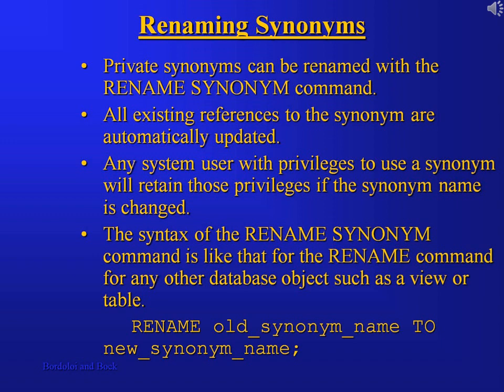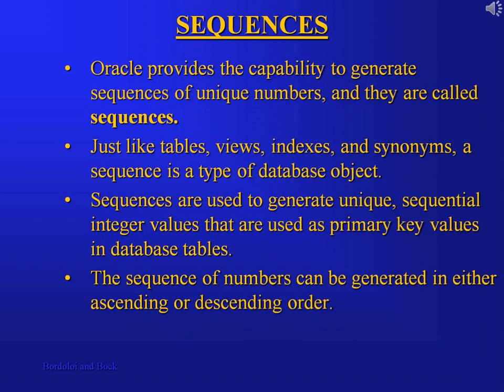The syntax of the rename synonym command is like that for the rename command for any other database object such as a view or a table. So the syntax of rename synonym is: rename old synonym name to new synonym name.